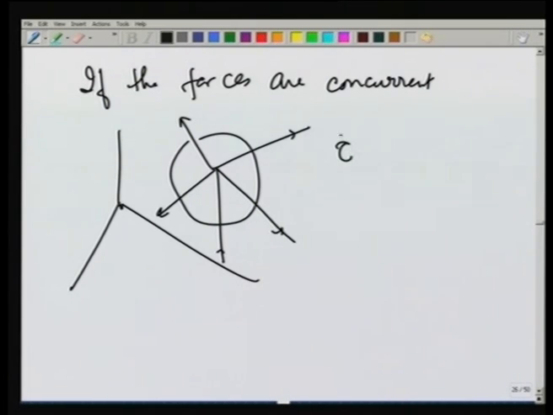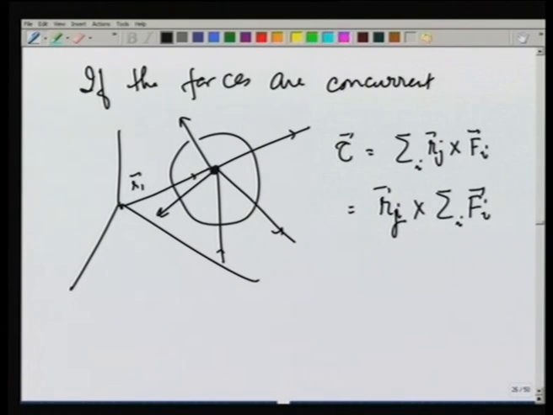Then for the torque, I can take this point where they meet to be the point where I am going to take the displacement, and therefore, this is going to be Rj. Let us call this Rj cross Fi, which is equal to Rj can be taken out because it is the same for all forces, cross Fi, which is nothing but Rj cross F total.